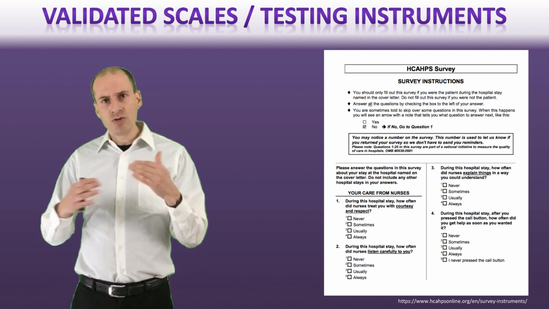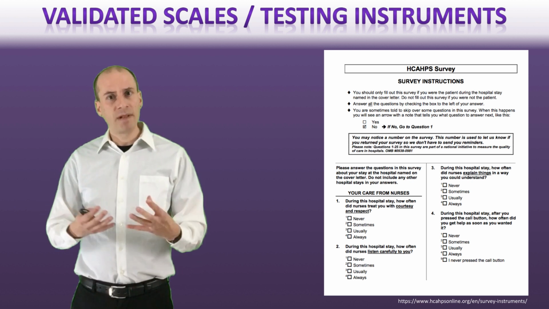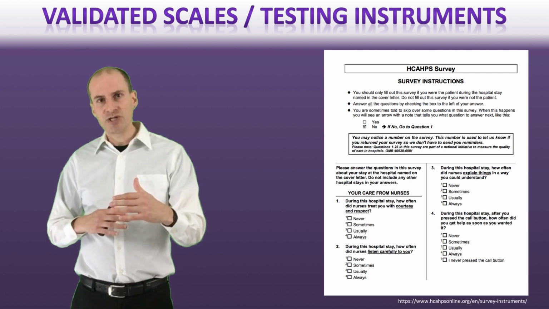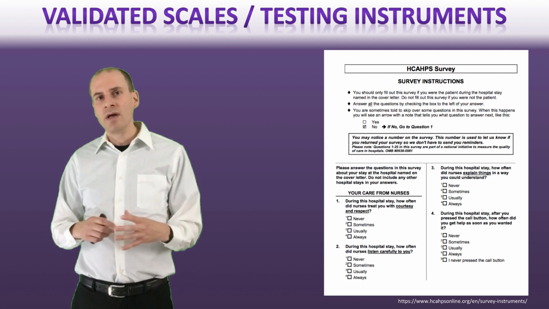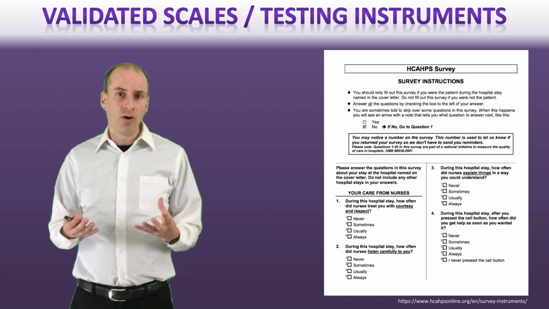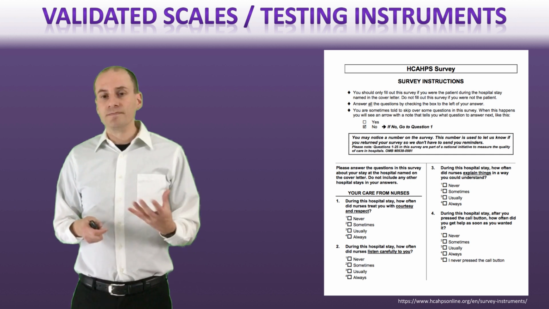By measuring them using multiple different dynamics of those complex ideas, having this set of questions that have been tested in a lot of people, having it be validated, can actually give us really strong data about a certain type of experience.